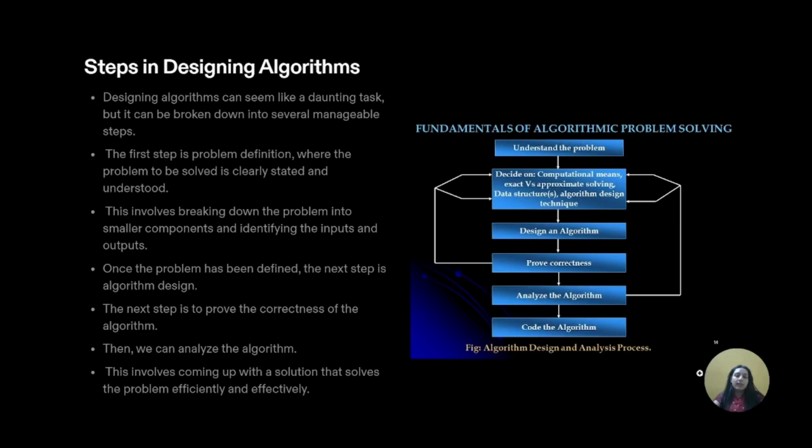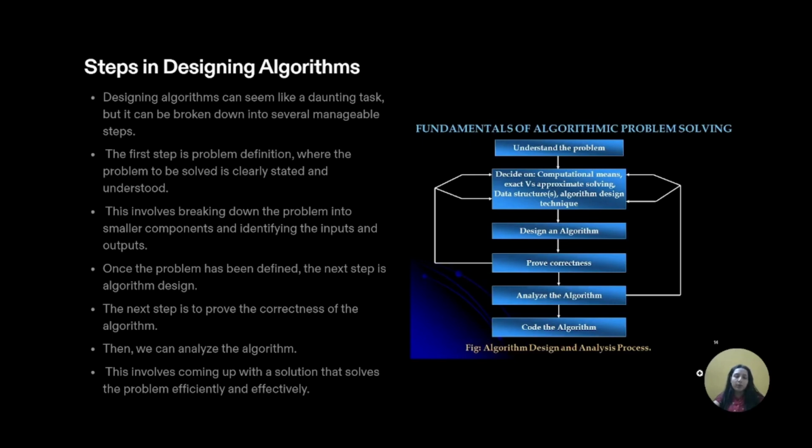Steps in designing algorithms. Designing algorithms can seem like a daunting task, but it can be broken down into several manageable steps. The first step is problem definition, where the problem to be solved is clearly stated and understood. This involves breaking down the problem into smaller components and identifying the inputs and the outputs.